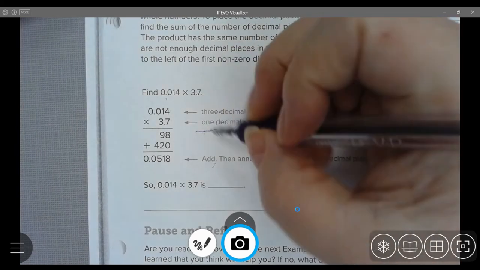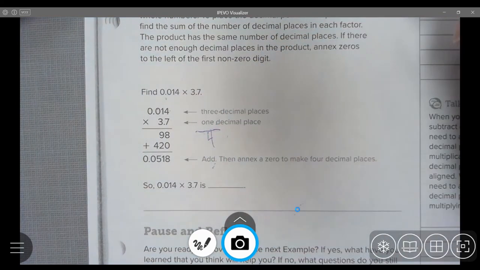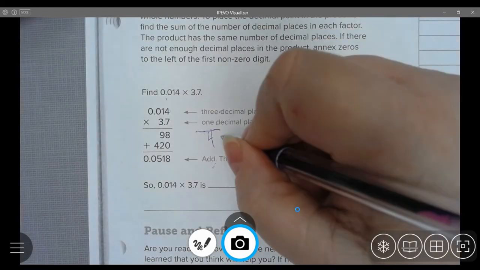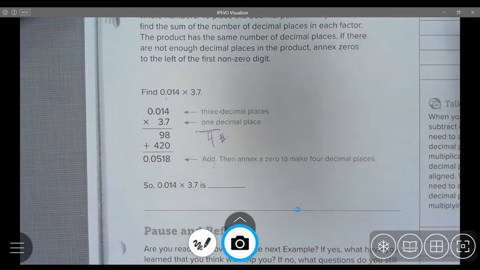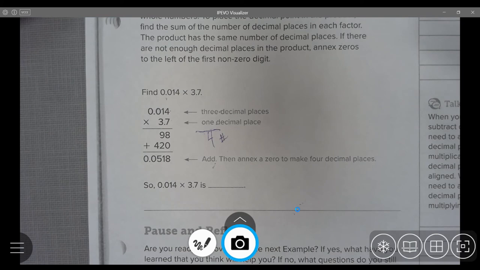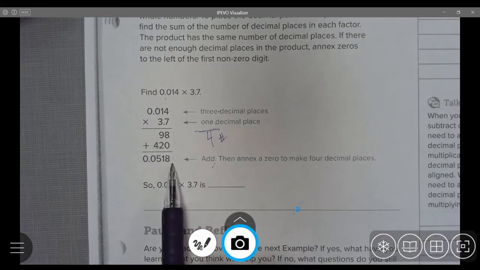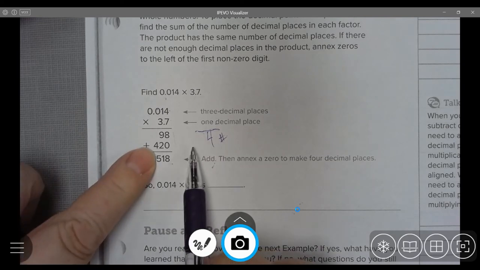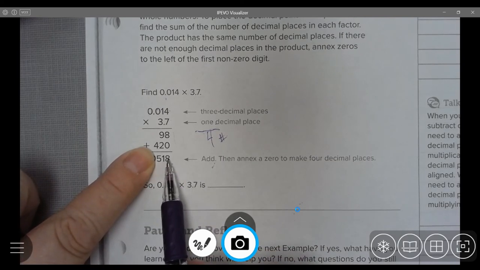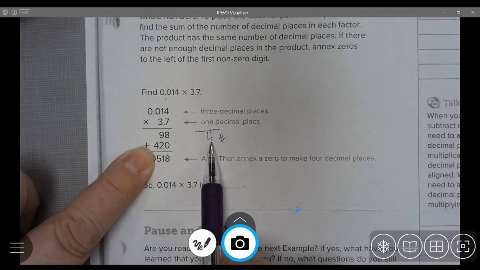I need to add that all together, and so there needs to be 4 numbers to the right of the decimal. So in my answer, if I'm just taking a look at this, I would just end up with a 5, a 1, and an 8. But it says I need to have 4.